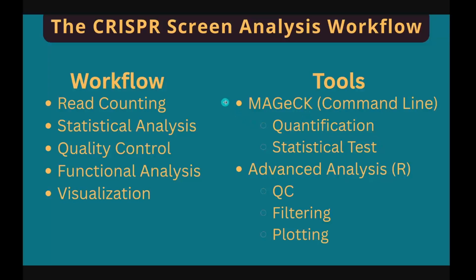The most important tool is called MAGeCK. It's a command line tool. You can perform quantification and statistical analysis with the same tool. The results are stored in spreadsheets that can be opened in Microsoft Excel. You can use R to perform QC, filtering, and plotting, but it's optional.